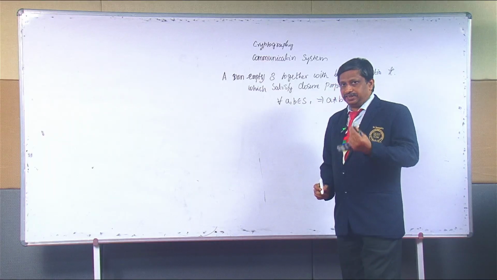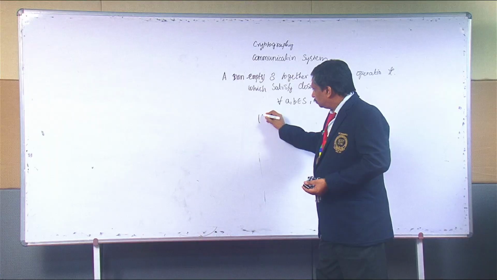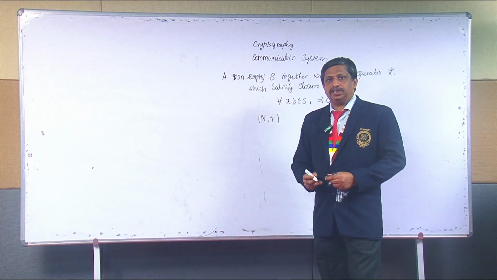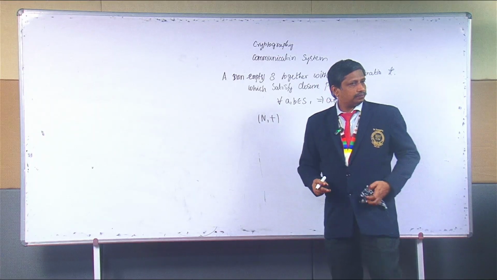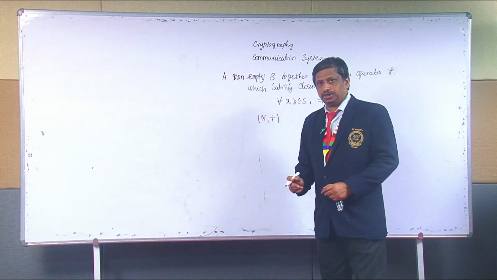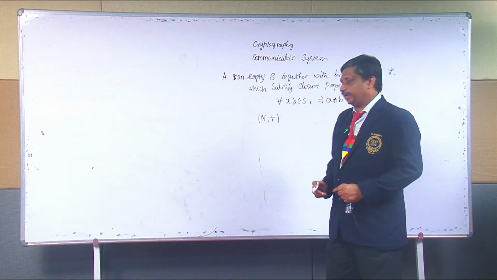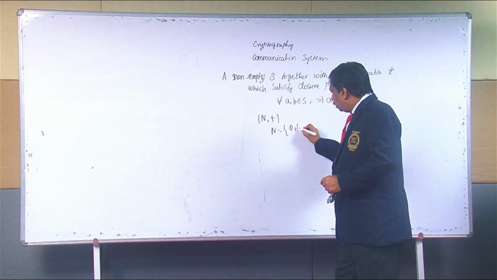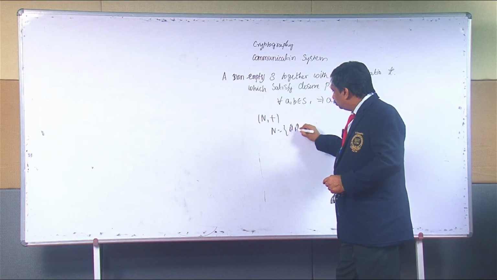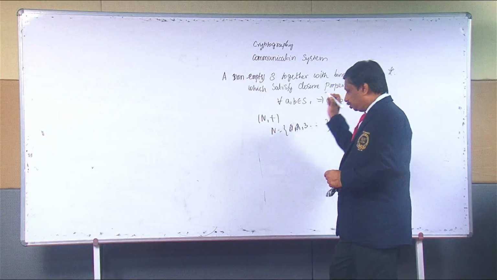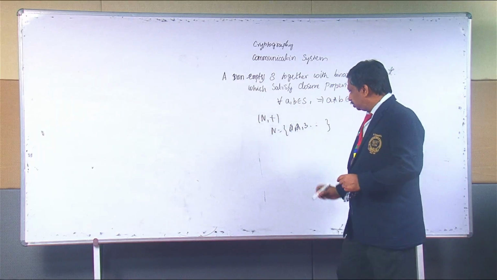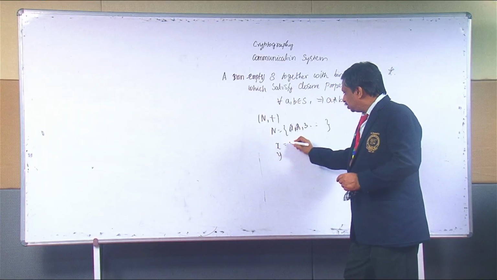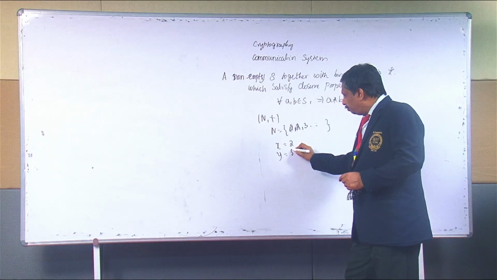Now, for example, N comma plus. We know that N is the set of all natural numbers, and plus is the binary operation we have. N contains the elements 1, 2, 3, etc. I choose two numbers, say x and y. x is taken as 2 and y is taken as 5.